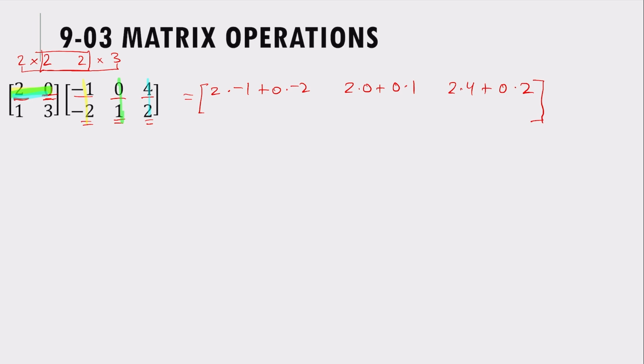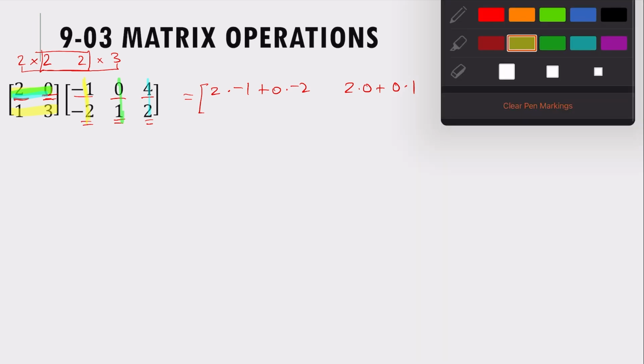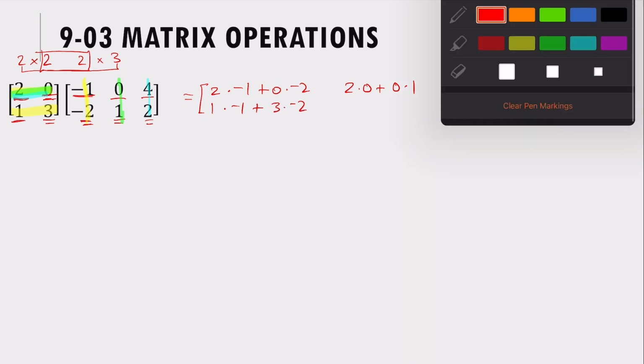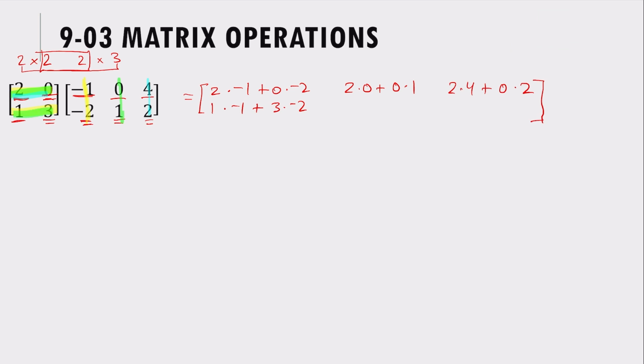So now let's go with the second row. So second row, first column. Multiply the first, 1 times -1, plus the second's 3 times -2. And then we can do the second row, second column.